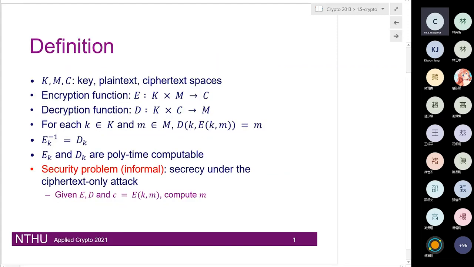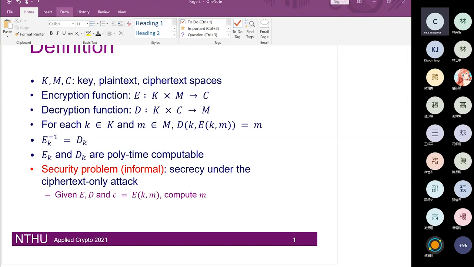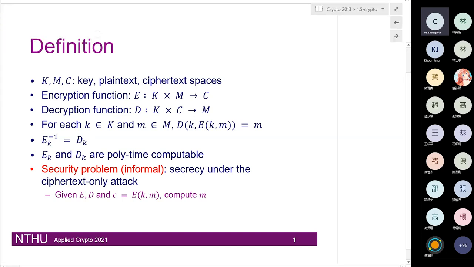Before we get anything through, let's define some of the notation that we are going to use throughout this chapter. We have discussed that we have the key space, message space, and ciphertext space.